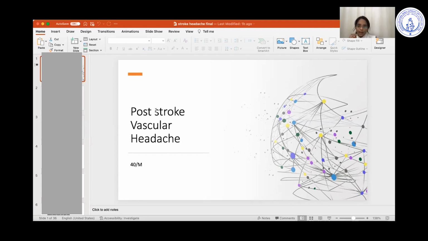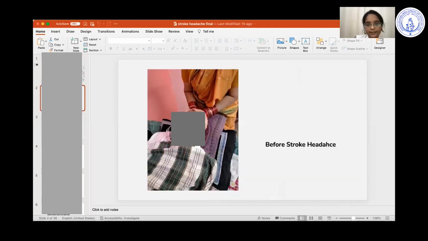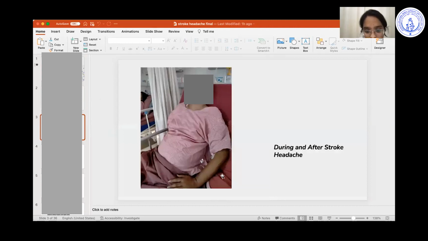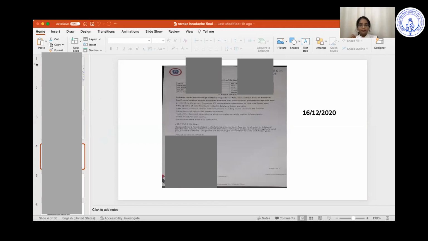He was not feeling okay with the treatment, so he became very violent, shouting at nurses, shouting at everybody. You can see the image before the stroke headache, and already many medicines were given. You can see the hand here, he already removed all the infusions. He said that I don't need allopathic medicines because it's not helping me, and it's been about 2 months I'm suffering from this headache and it's not going.